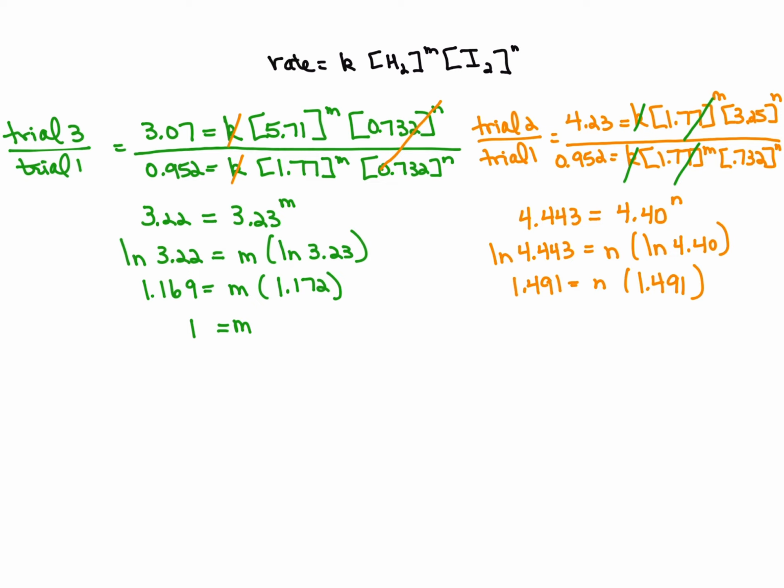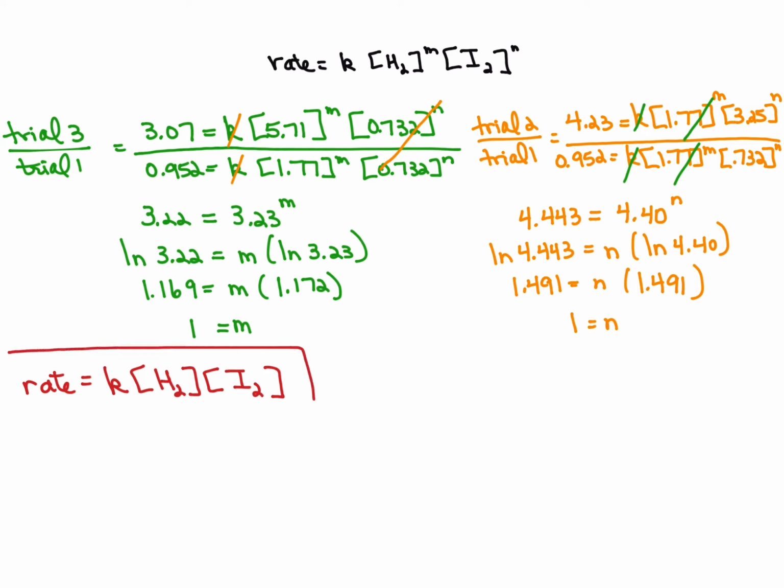Now I go ahead and solve for n by dividing both numbers, and I get n equals 1. So I've gotten my rate law equation. The rate is equal to the constant times H2 to the power of 1 times the concentration of I2 to the power of 1. So that is going to be one of my boxed-in answers.